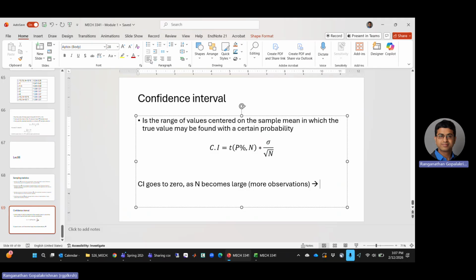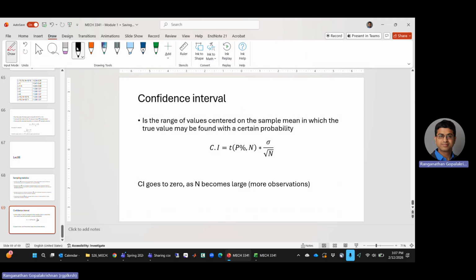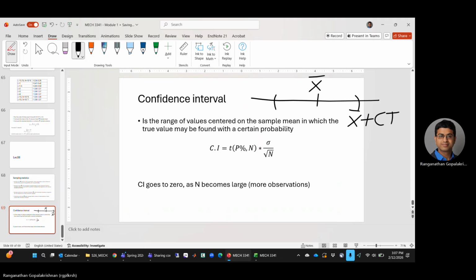So this is where it comes from, that we keep saying do more observations because it increases the confidence on your mean. So if I draw this as a line, let's say this is my sample mean, x bar, and the confidence interval is x bar plus CI and x bar minus CI.